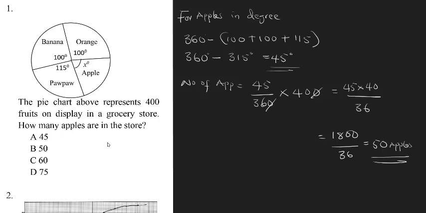So remember that in order to change from degrees to a normal number, you divide it by 360 degrees, because the sum of angles in this circle is 360. Then you multiply it by the total fruits, which is 400. So from our options, the answer is B. So let's move to the next question.